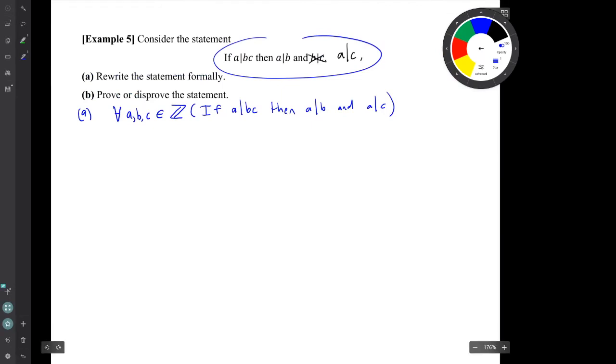Now this is a universal statement, so to disprove it we have to give an example that shows that it's false. I'm going to name this statement. Statement S is that universal statement. It's a universal conditional statement.